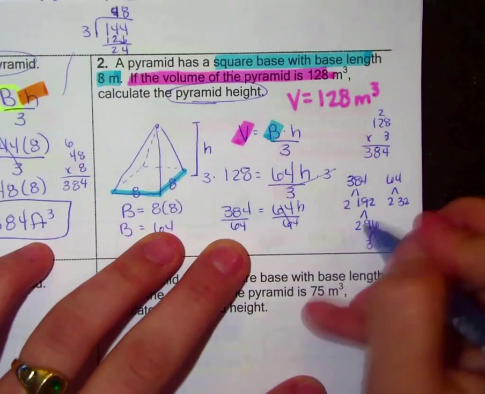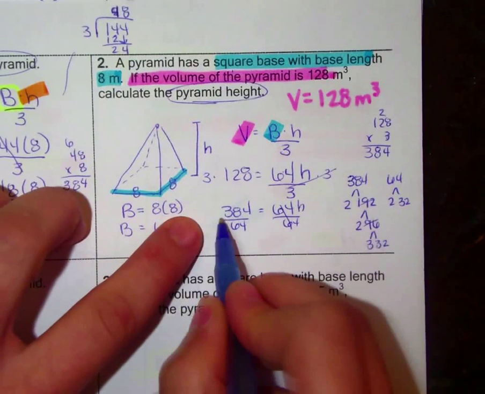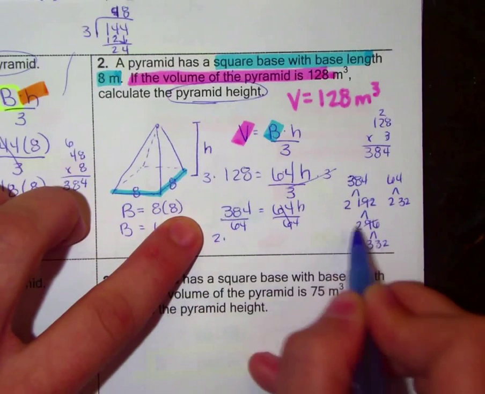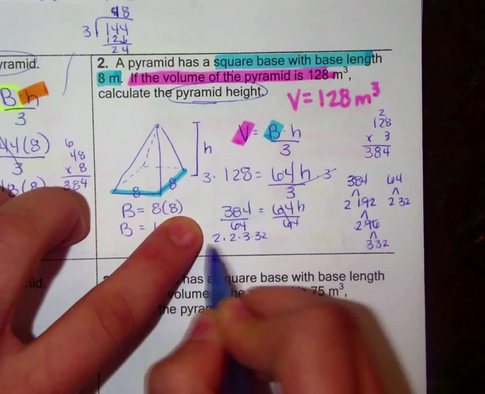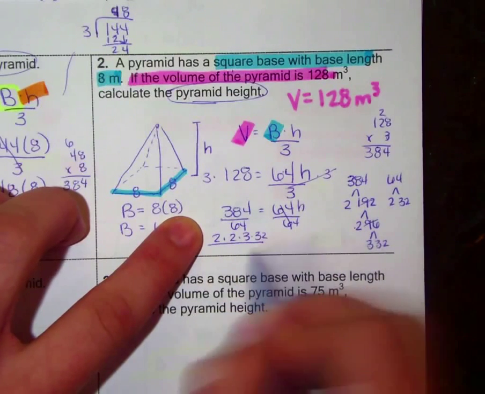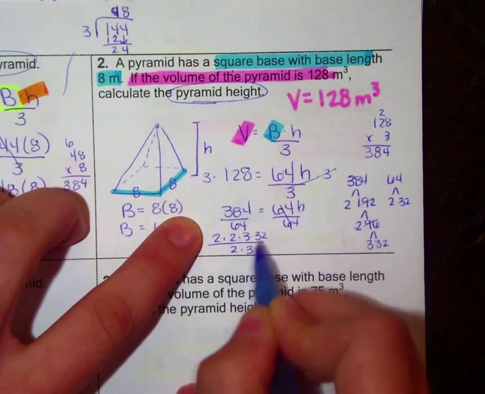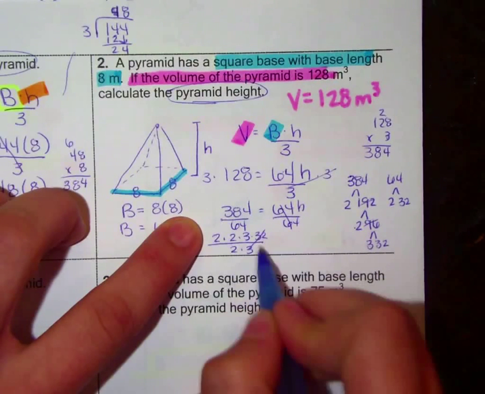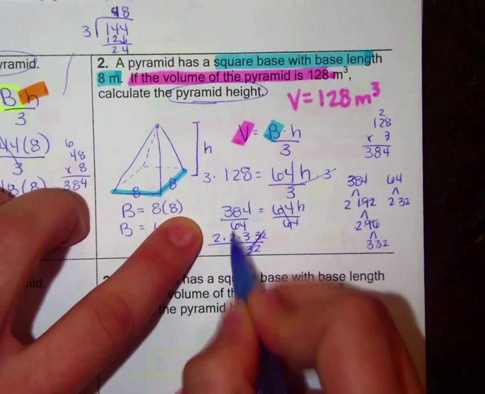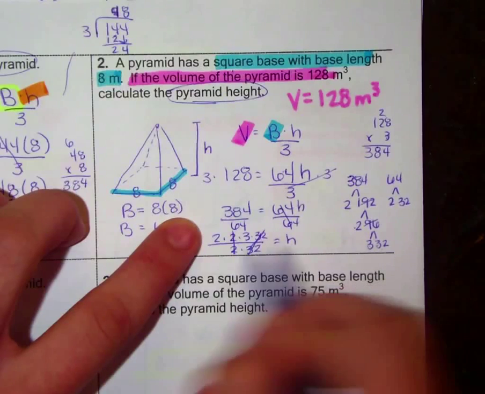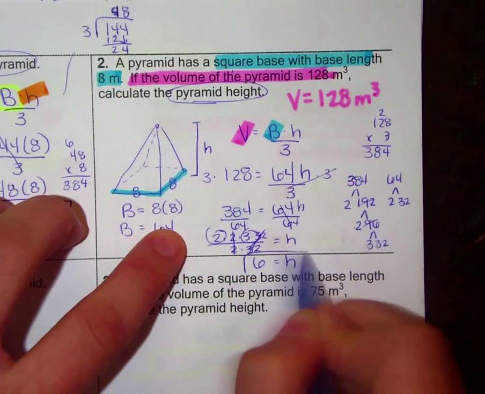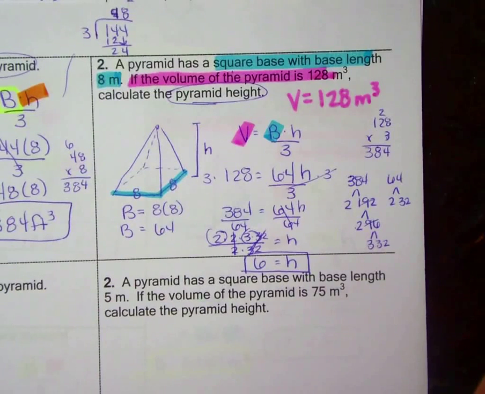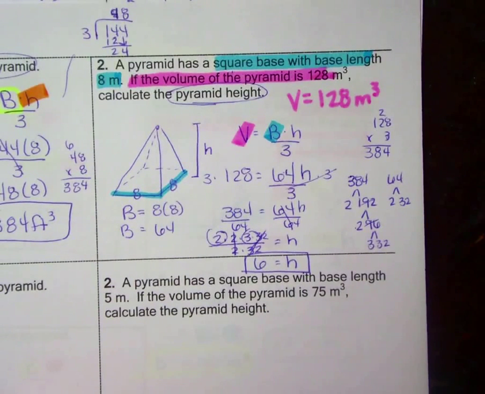So I'm actually going to go ahead and stop there. 384 is 2 times 2 times 3 times 32 divided by 64, which is 2 times 32. Oops. Reduce anything divided by itself. We're left with 2 times 3, which is 6. The height is 6. Okay? Feel free to rewind and watch that again.